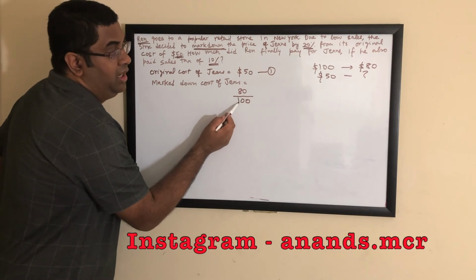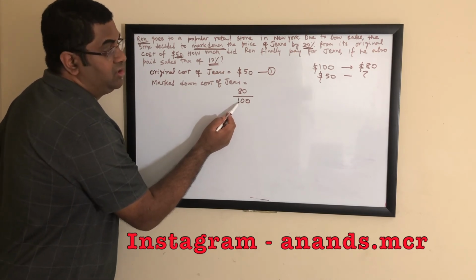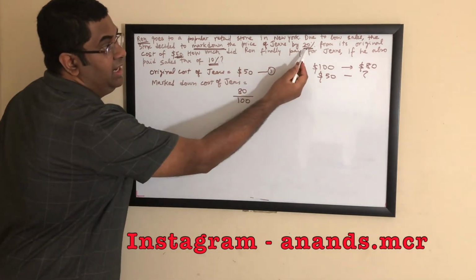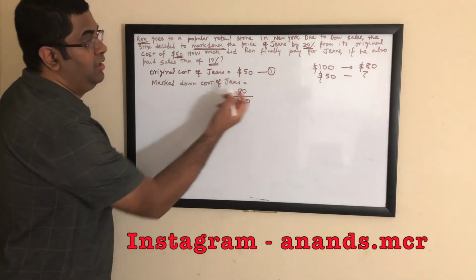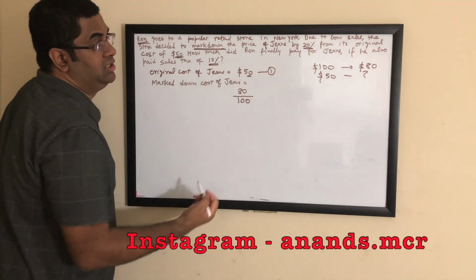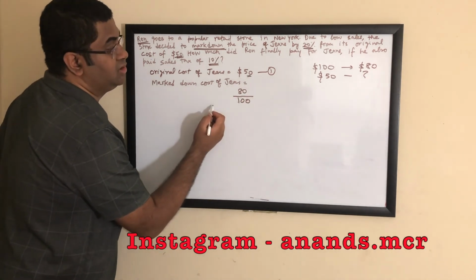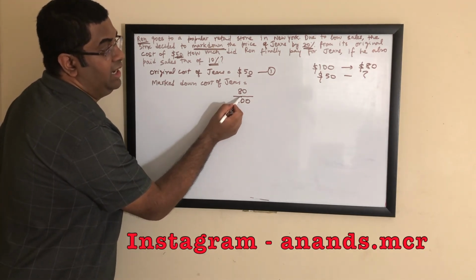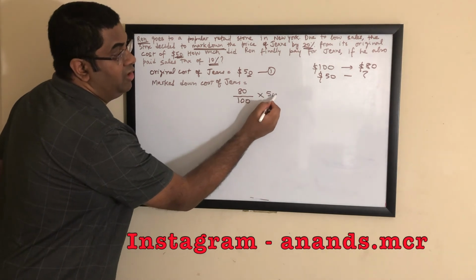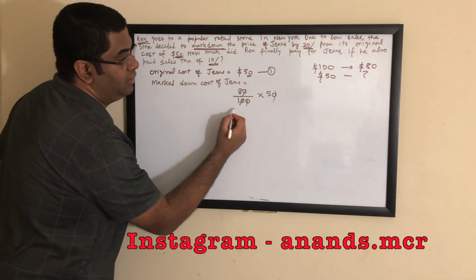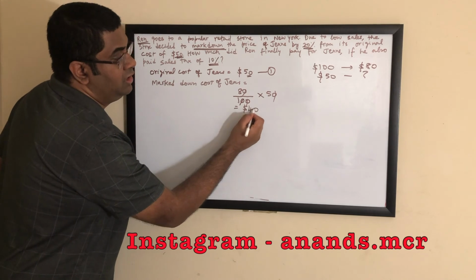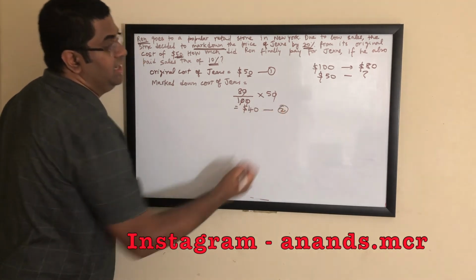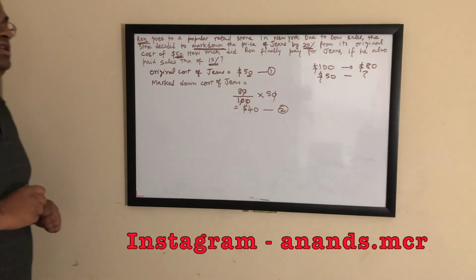But we know the cost of the jeans is $50. So let's find out what the markdown cost of the jeans is. If the product price is 100, it would be sold for 80, and if it is $50, it would be sold for $40. So the jeans is now sold for $40 after the markdown. Let us call it step 2.